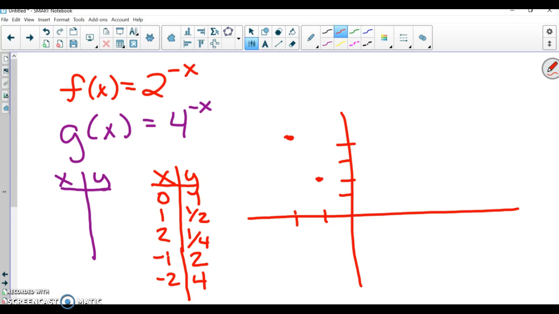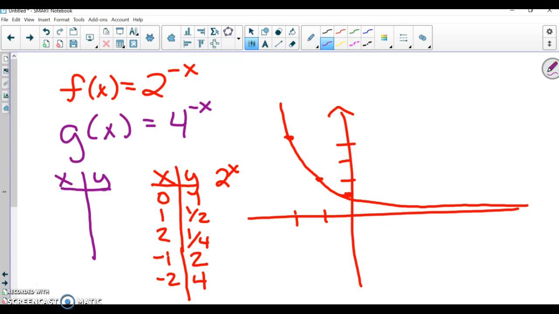And we can see 0, 1, our y-intercept. And we can see this is a complete and total reflection across the y-axis of our function, 2 to the x. 2 to the x, 2 to the negative x. We understand putting a negative value in for x gives us a reflection about the y-axis.